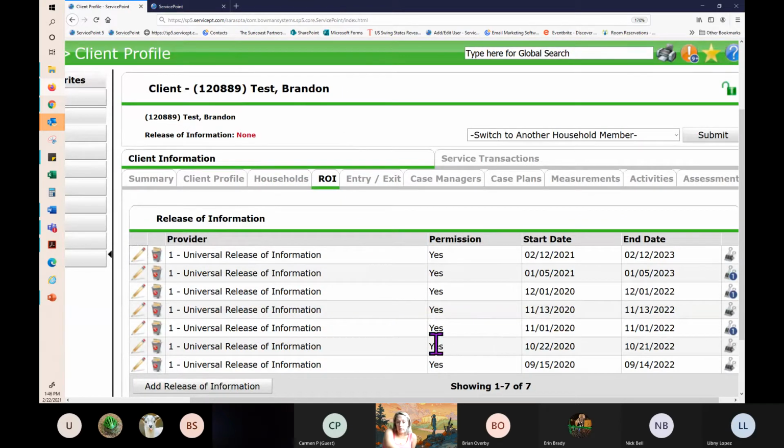This client has a bunch, obviously, because he's our training client. But if there is no active universal ROI, we cannot share that information. So while you are conducting these intakes, please ensure that the Suncoast COC universal ROI is scanned and uploaded here. I'll pull up an example.